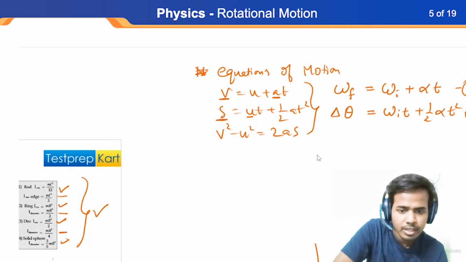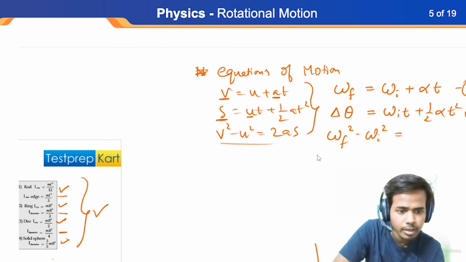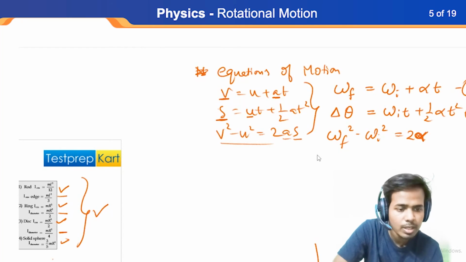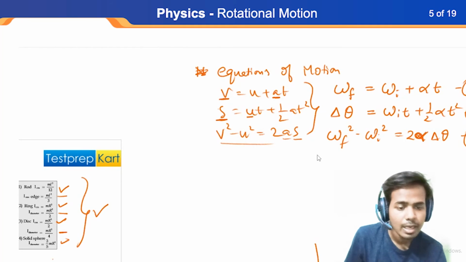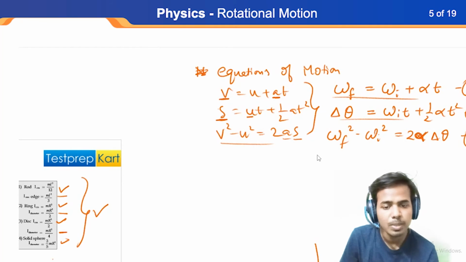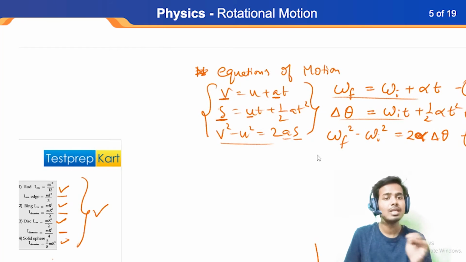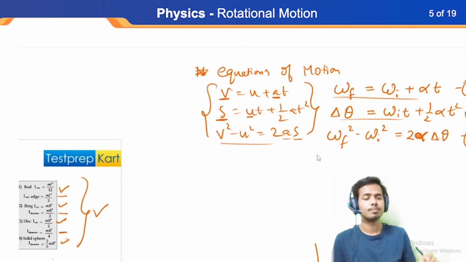And the final equation of motion will be omega final square minus omega initial square is equal to 2 into, what is this, acceleration, right? So I will replace it with angular acceleration, and this is the displacement, delta theta. This will be the third equation of motion. So it is very easy to remember. Even if you don't actually remember all of these, you can simply write them and replace with the analogous term, and you have it there. All right.